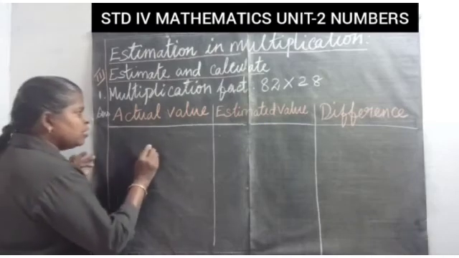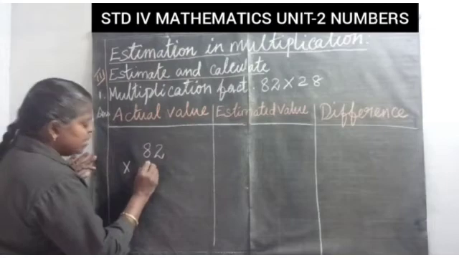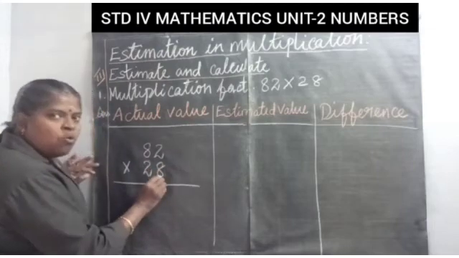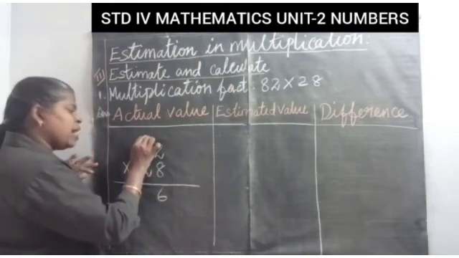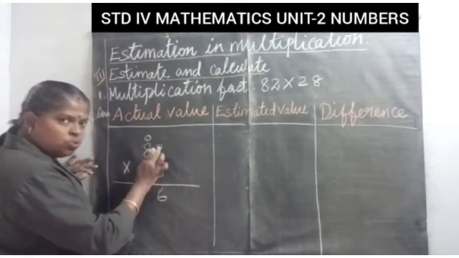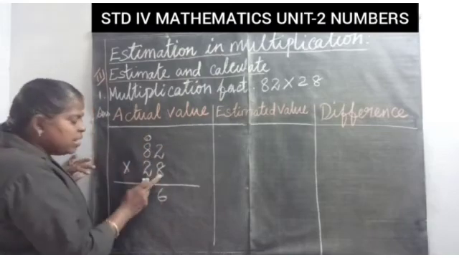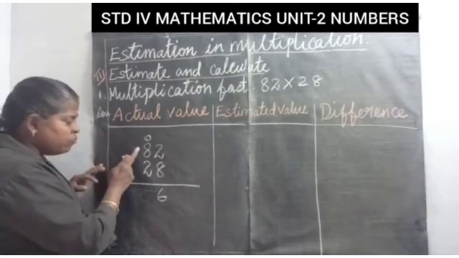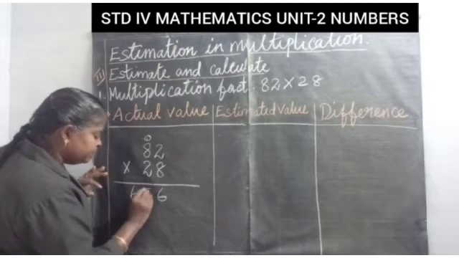We multiply the ones digit 8. 8 twos are 16, carry over 1. 8 eights are 64. 64 plus 1 is 65.